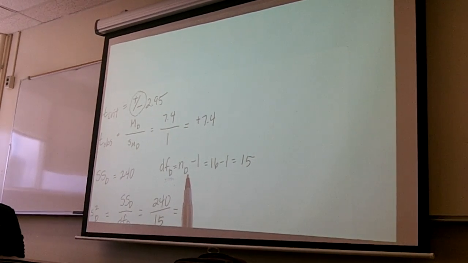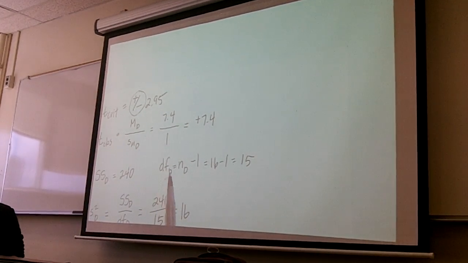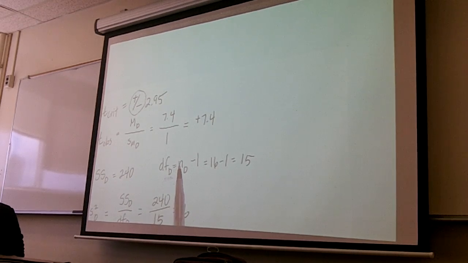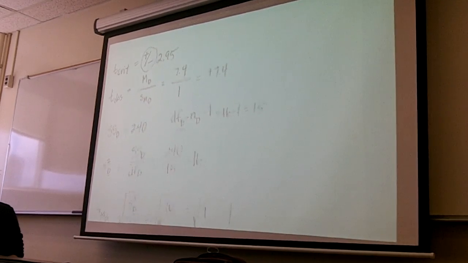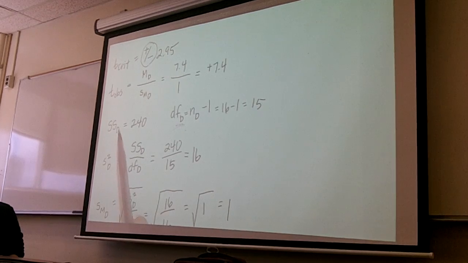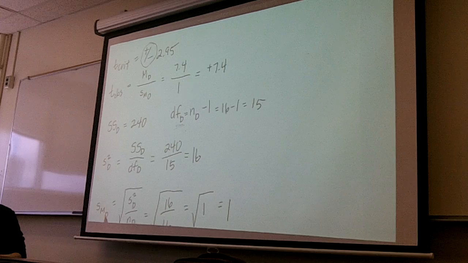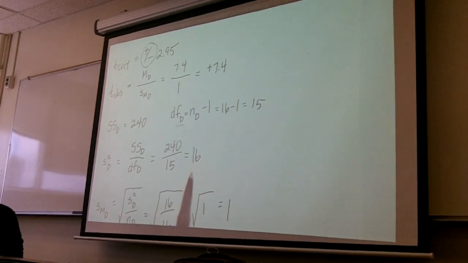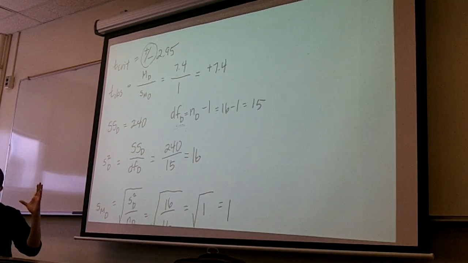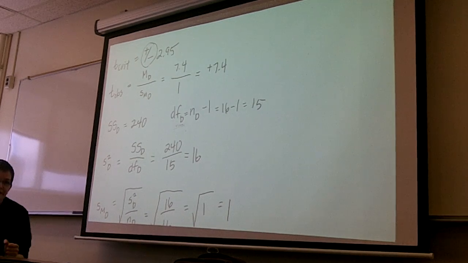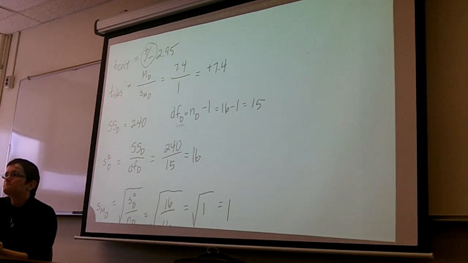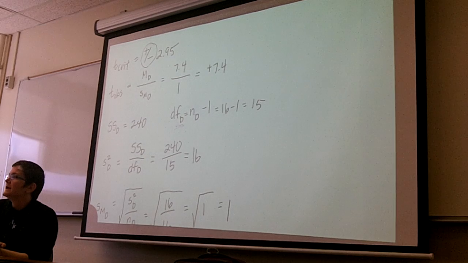So the degrees of freedom for the difference scores, the sample size for the difference scores, the sum of squares for the difference scores, the sample variance for the difference scores. It's all just those difference scores. And that's why it looks like there's one sample, because you have calculated a difference score for everybody. Any other questions?